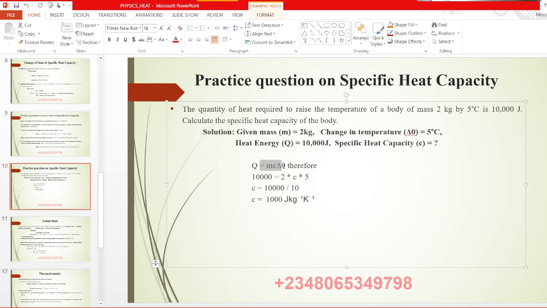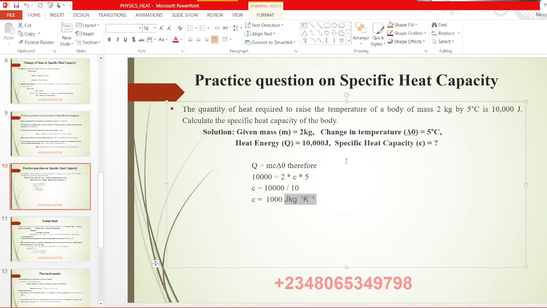But to write it more properly, 1 divided by kilogram is the same thing as kilogram raised to power minus 1, and 1 divided by Kelvin is the same thing as Kelvin raised to power minus 1. So this is how we got the SI unit for specific heat capacity.